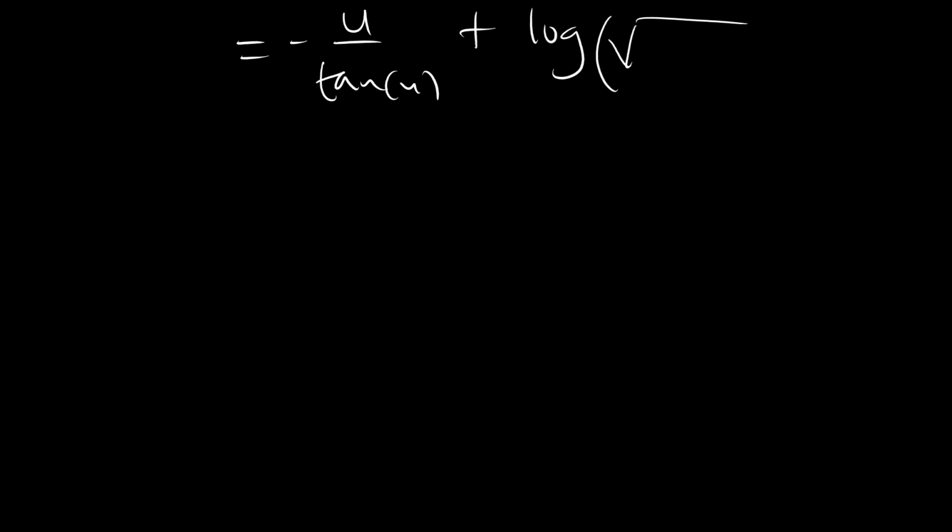So the problem becomes negative u over tangent u plus the natural logarithm of the square root of 1 minus cosine squared u plus c. Let's rewrite this in a decent way.